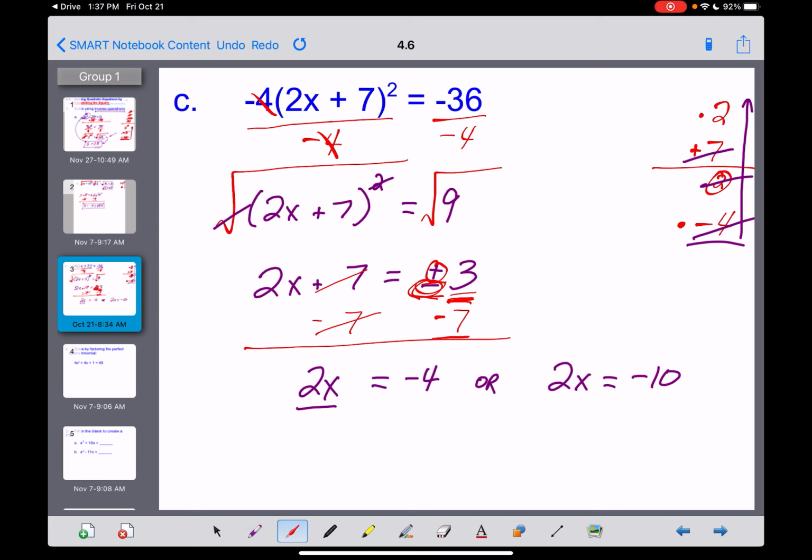And now we get rid of that multiplication by 2 by simply dividing both sides by 2, and I need to do that in both of my equations here. So those 2's cancel, those 2's cancel, and we end up with x equals negative 4 divided by 2 is negative 2, or here we get x is equal to negative 10 divided by 2 is negative 5.